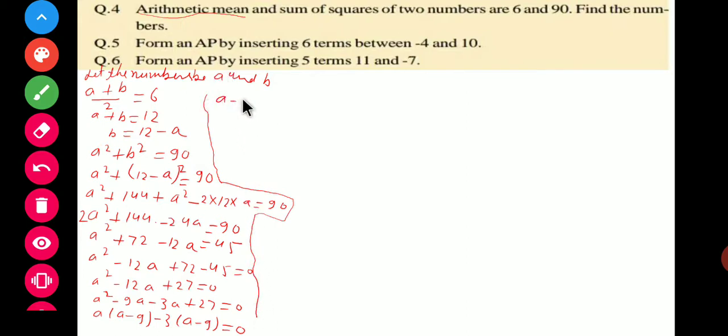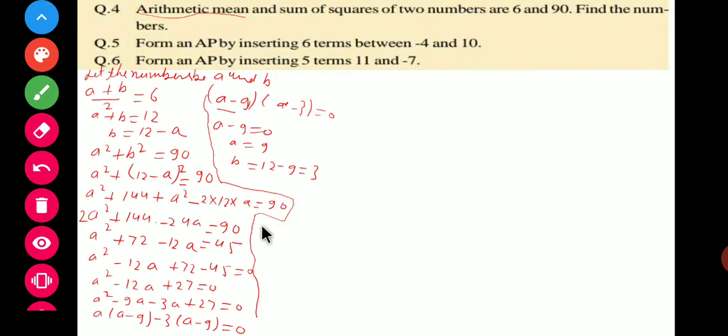We can consider a minus 9 as one factor, and the second factor is a minus 3 equal to 0. So first we choose this factor, a minus 9 is equal to 0. So a is equal to 9 and b is equal to 12 minus 9, that is 3.